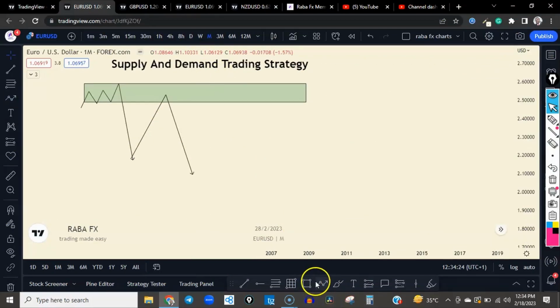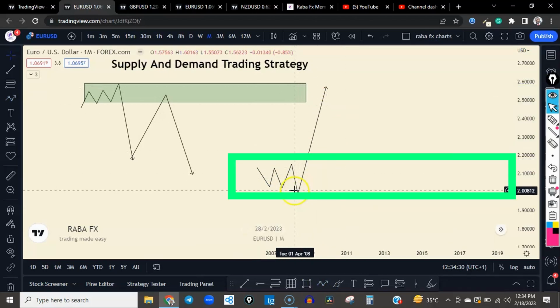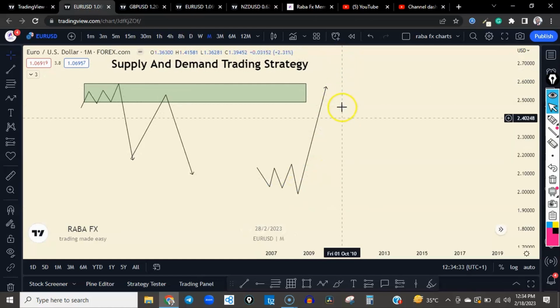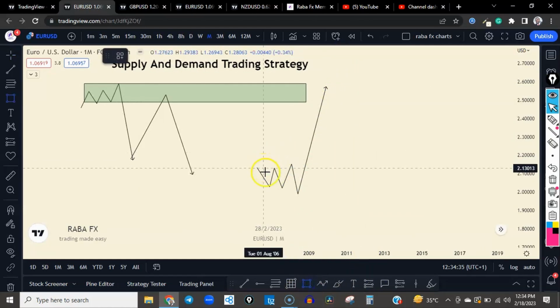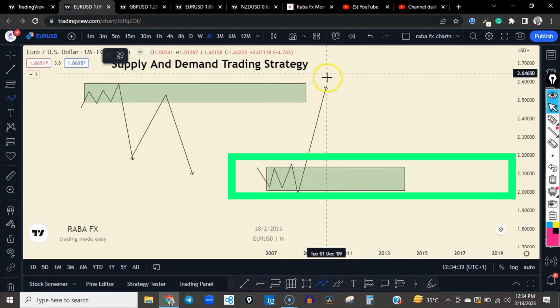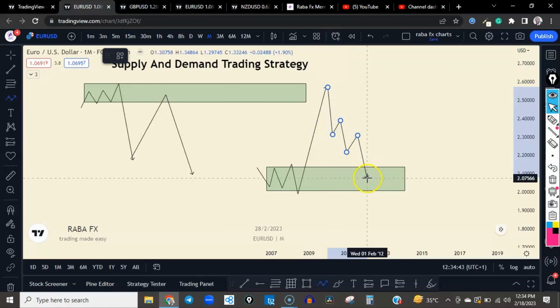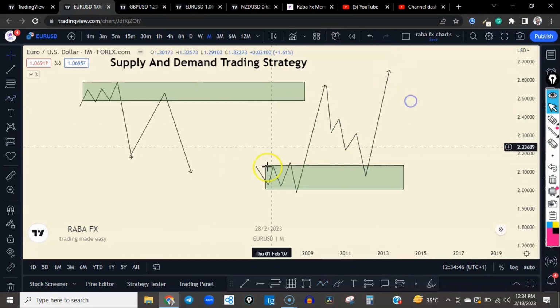An area of demand simply means where buyers came in to push price to the upside. And that push to the upside should be a strong momentum. And by so doing, when price comes back to this area here, you call that an area of what? Reaction, a point of interest to push price to the upside.